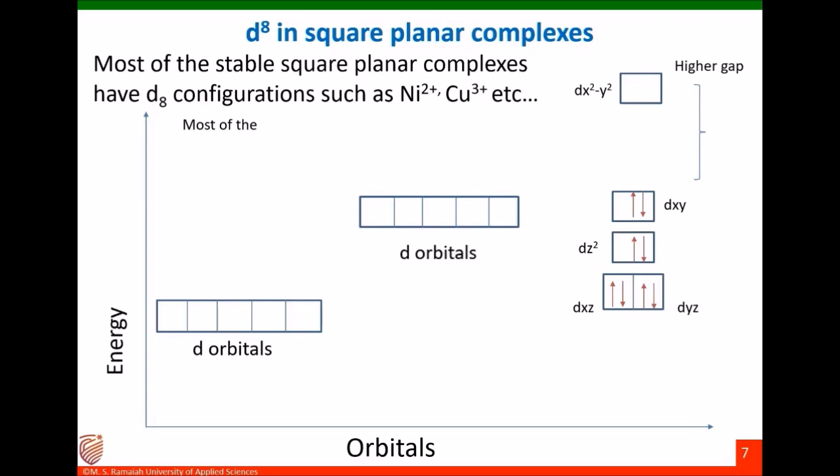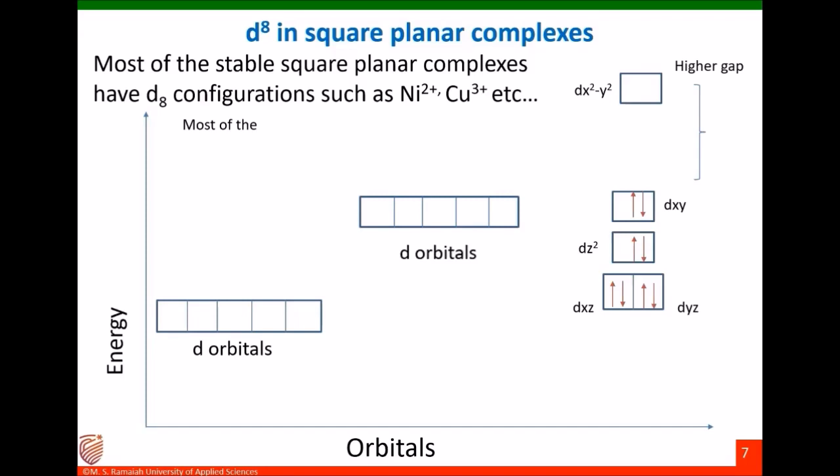Now you can ask a question: why are the electrons not going to dx square minus y square? Because we know that the energy gap is too high to make those electrons jump into dx square minus y square. Now you can see all the orbitals contain either 2 electrons or no electrons. So there is no single occupied orbital.